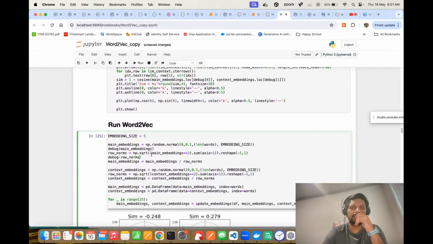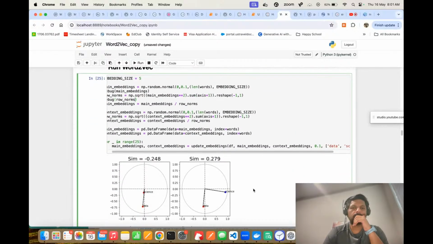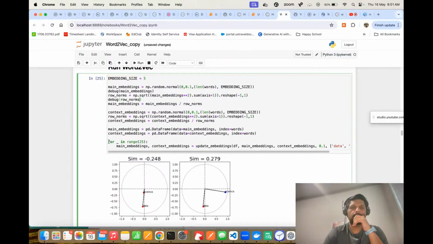Divide by square root of embedding square plus square sum shape minus 1. Same thing is done with context embedding also. Initially by default it's giving some value, so let's look at the initial values.